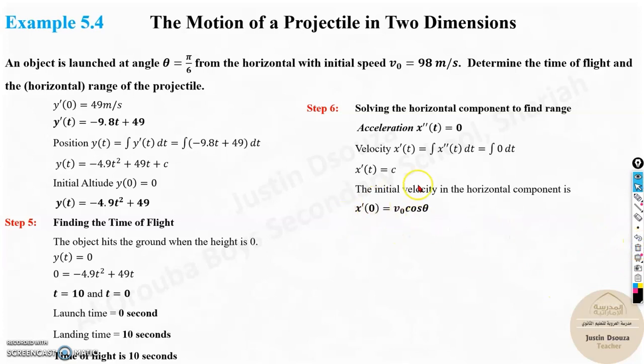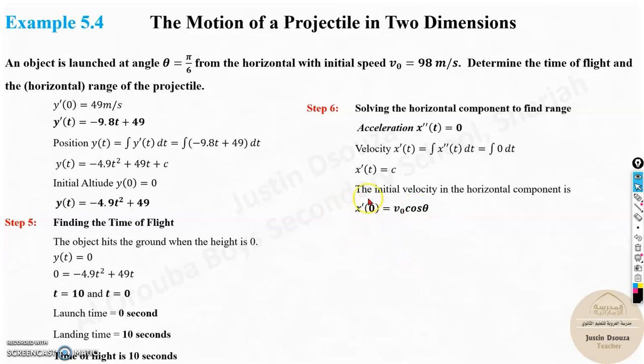Find the initial component of velocity. How do we find the initial component? In the previous section, for y dash of 0, we took v naught sine theta because that relates to the vertical component. Now the initial velocity in the horizontal component will be v naught cos theta.